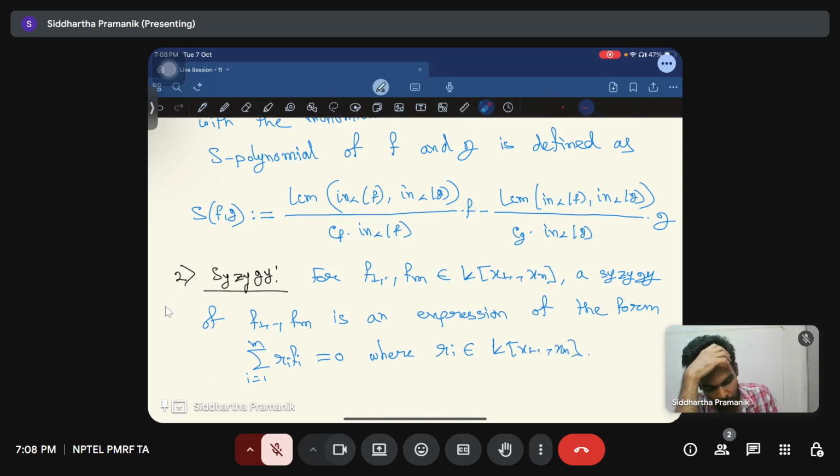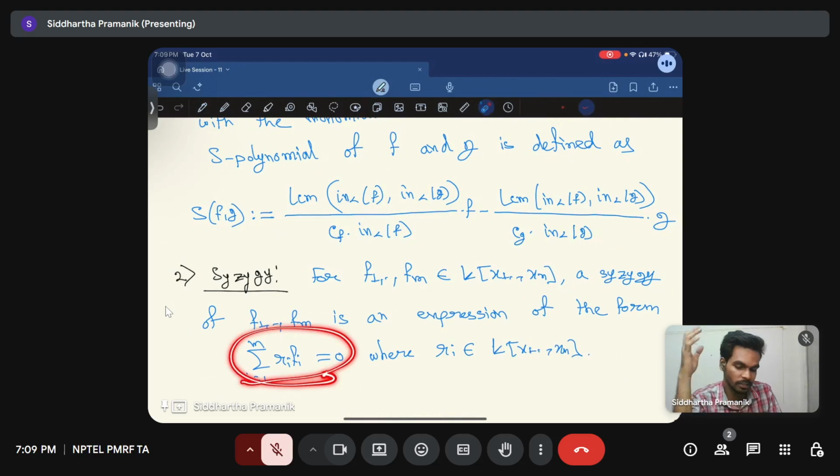So an equation of this form is called a syzygy of these elements f1 up to fm.